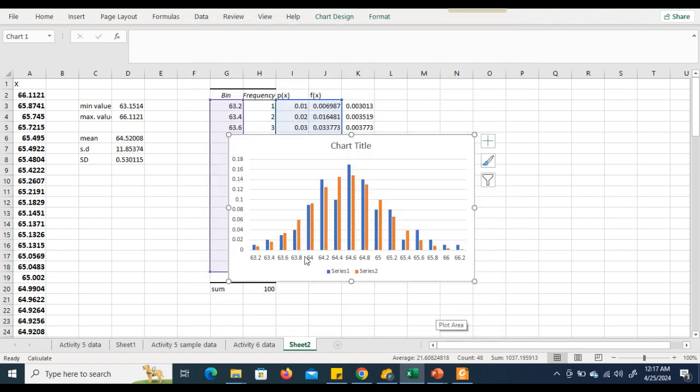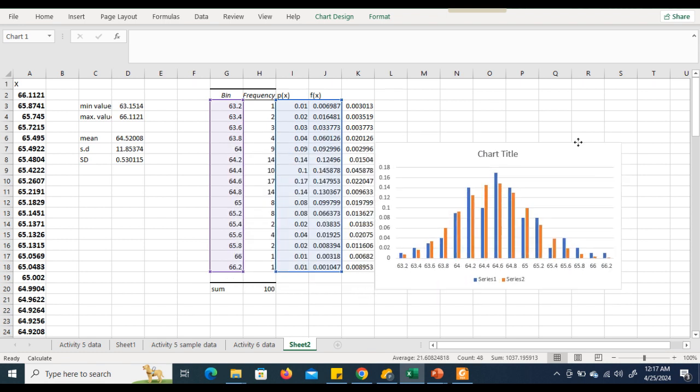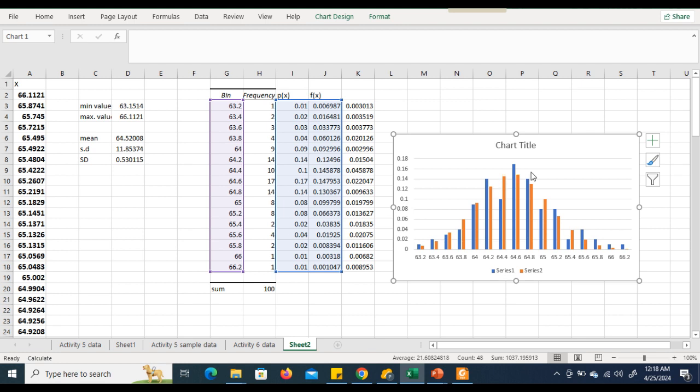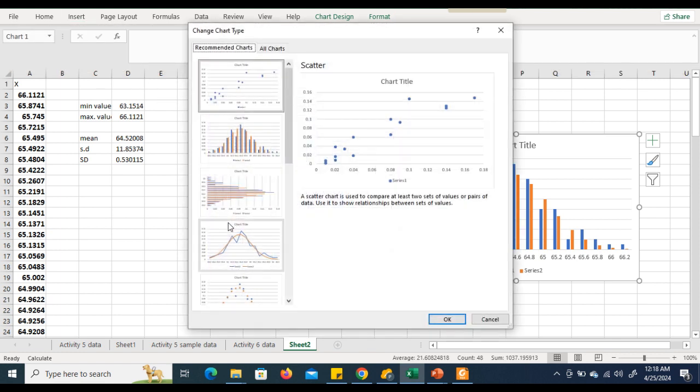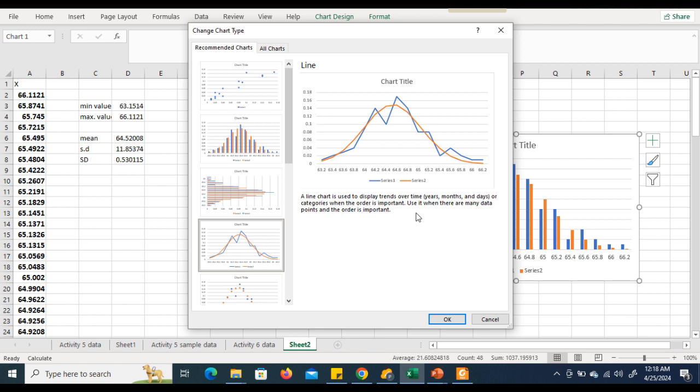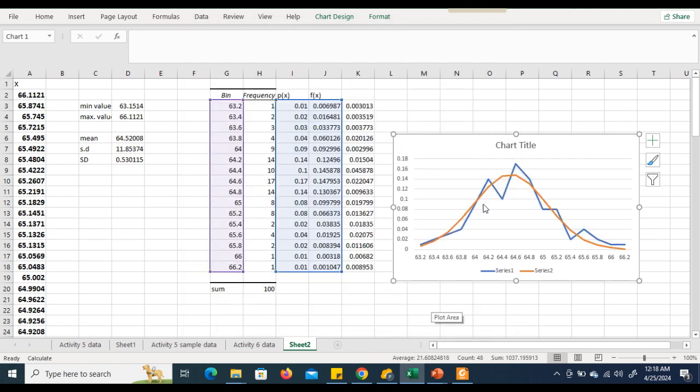So you can see here, this orange bar represent the normal curve and this blue bar represent the actual probability, right? Although the sample size is not very big, but still you can see here the nature is approximately normal only, okay. To get more accurate idea, so we can also choose the option of a line graph also. So you can see here the graph is approximately normal, nearby normal only, okay.